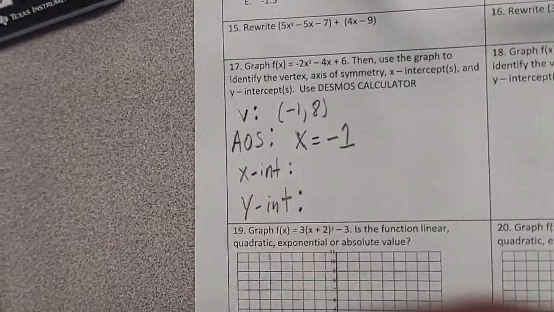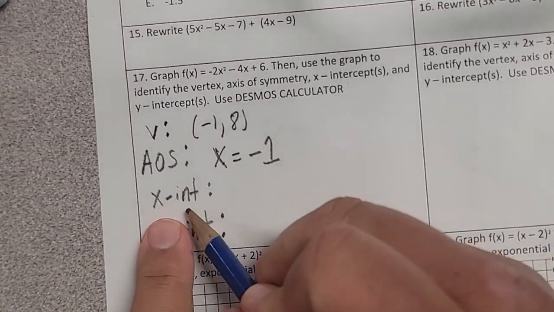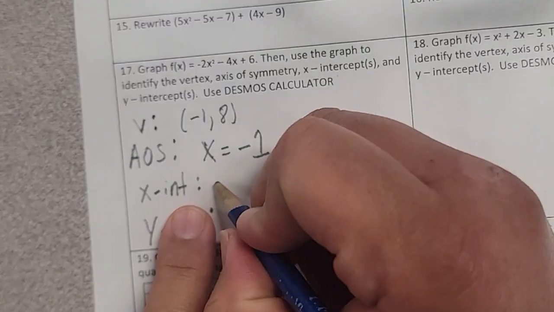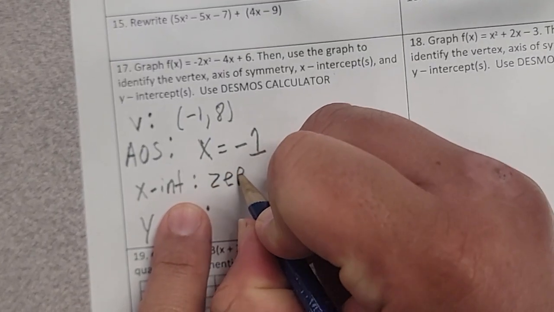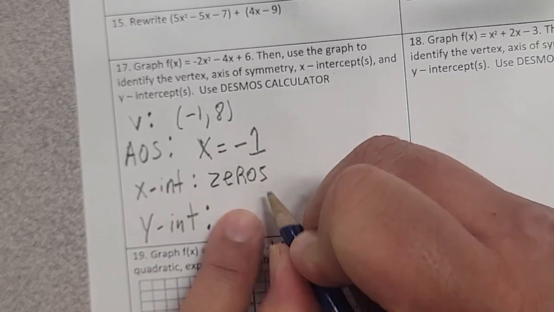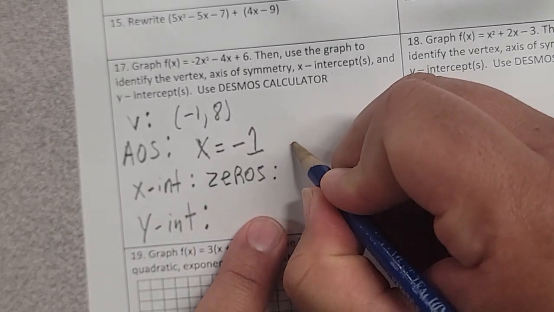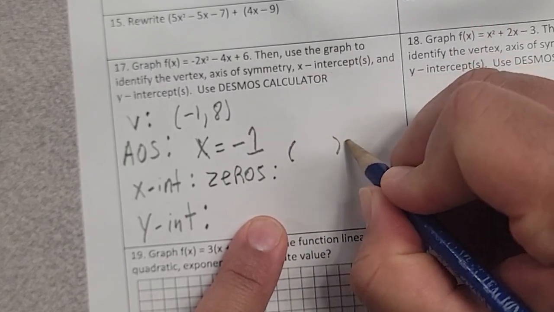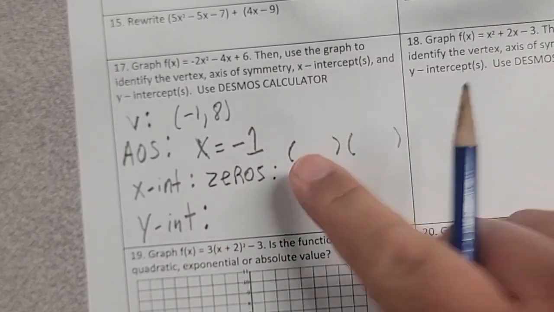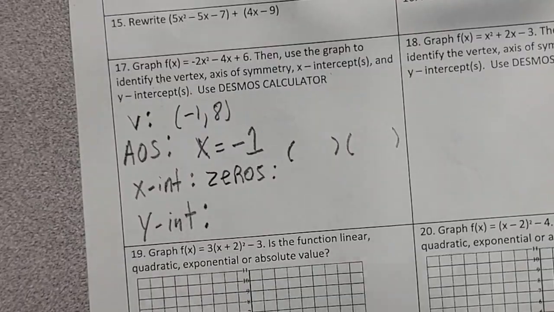All right, next, the x-intercepts. Now the x-intercepts, this is a lot of the test, all right? The x-intercepts are also called zeros. On the test, it's going to say zeros or x-intercepts. It's the same thing. Okay, so I need to show you. You're usually going to have two answers for this. Okay, so let me go to Desmos.